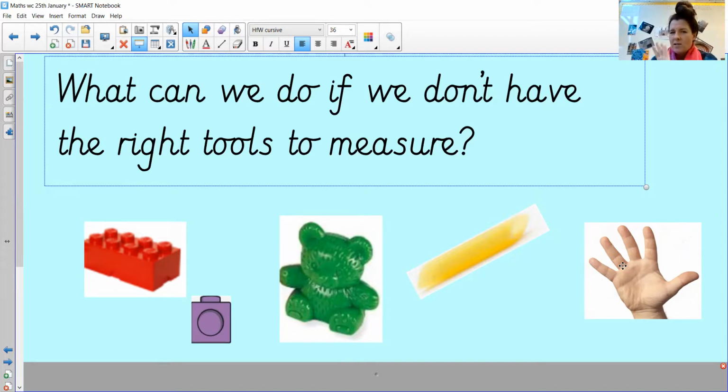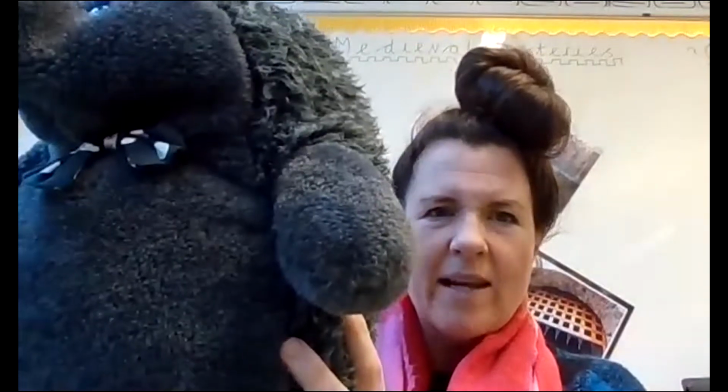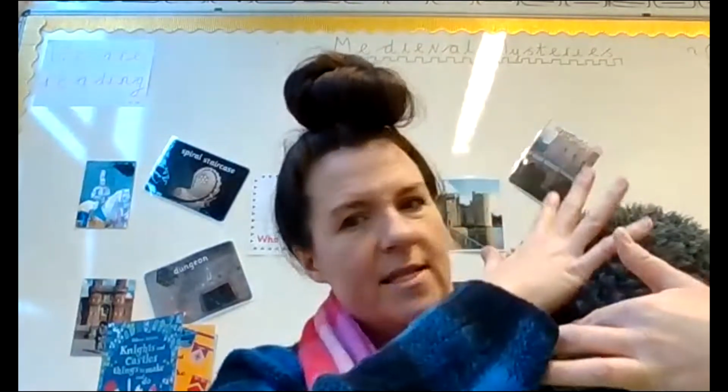Okay, so we can use lots of different things to measure something else. But the important thing is that each thing is the same. So if I was using my hands to measure, say, my Moly Mole, I'll stop sharing my screen. I'll show you what I mean. Here's Moly Mole, and I want to see how many hands high Moly Mole was. I can use my hand because I can go 1, and then I could just see where my fingers got to, and then I can go 2.